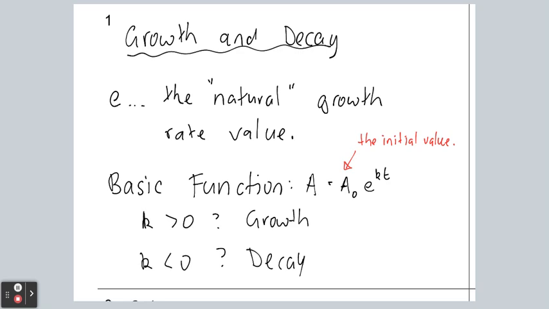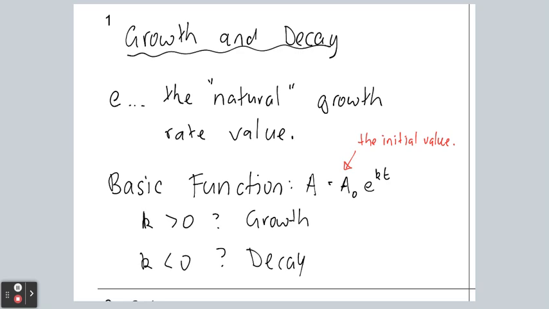So if k is negative, like e to the negative 3t, for example, then we remember that a negative power means the same as 1 over the power made positive.